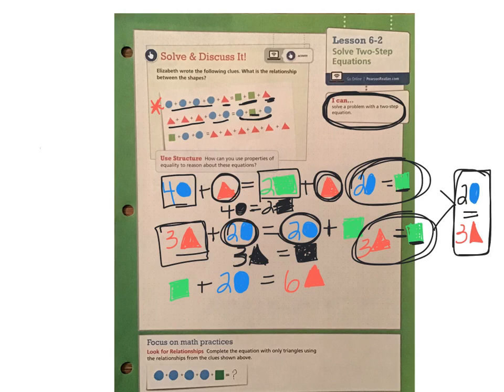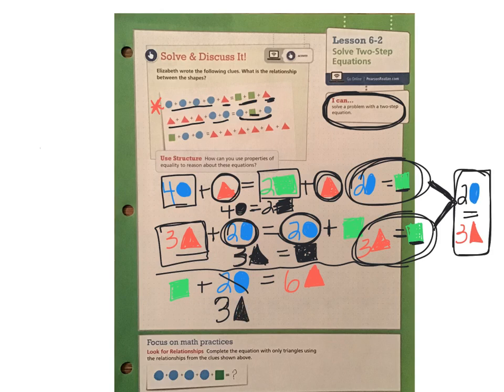So then when you look down here at the third equation, you'll notice that there are no similar shapes on both sides of the equal sign. So in this case, what you have to do is use the previous relationships and make that relationship with the third one. Okay? So we have 3 triangles is the same as 2 of the circles. So this could also be 3 triangles.